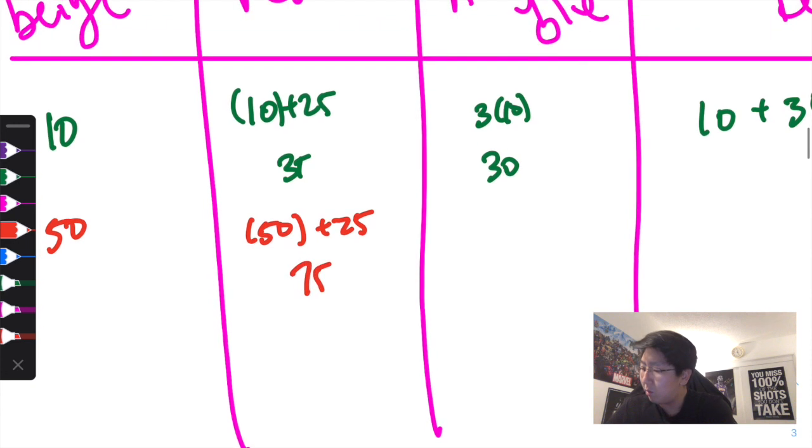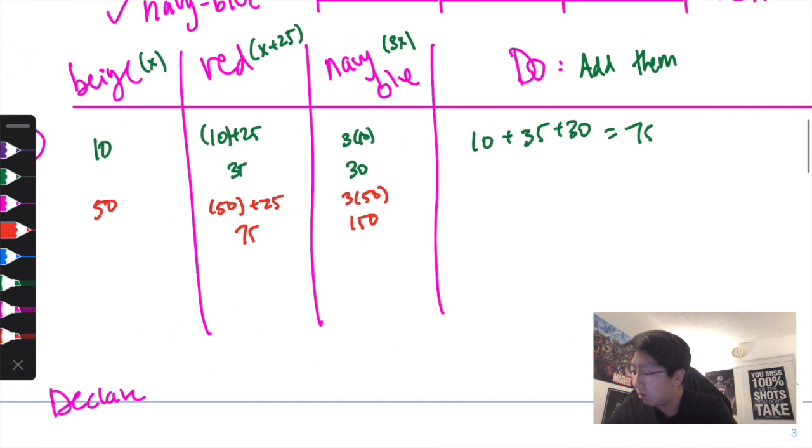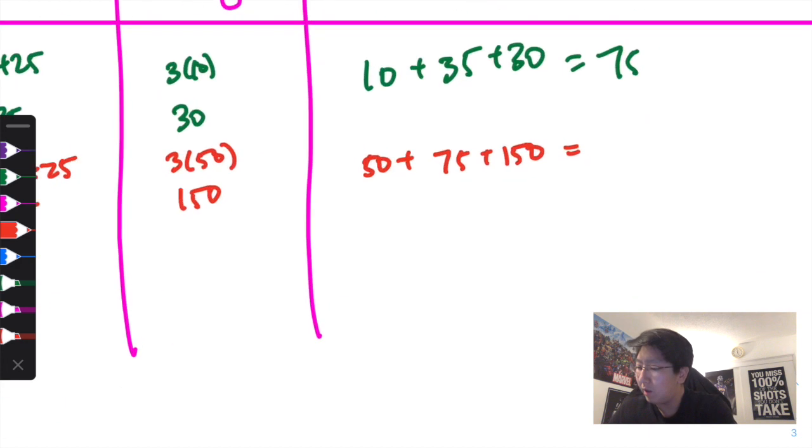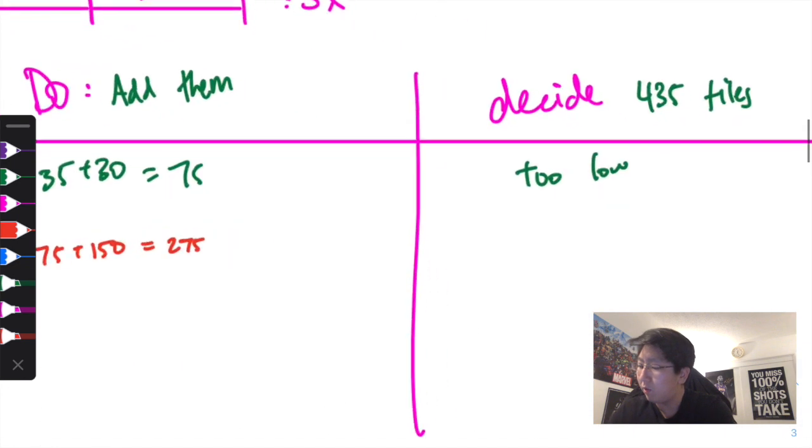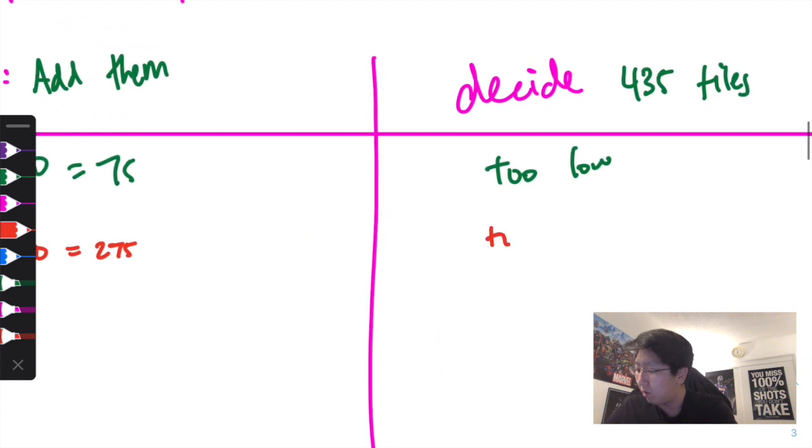And 3 times 50 is 150. Alright. So let's add these three together. 50 plus 75 plus 150. That's 275. We need 435, so that is too low.